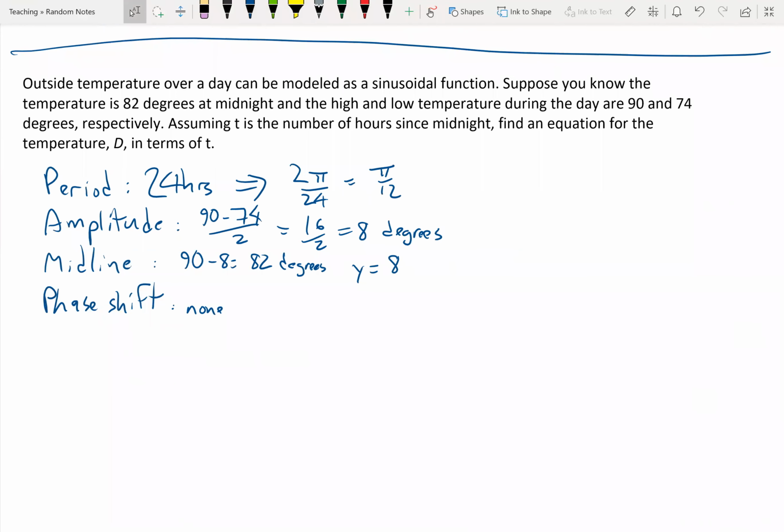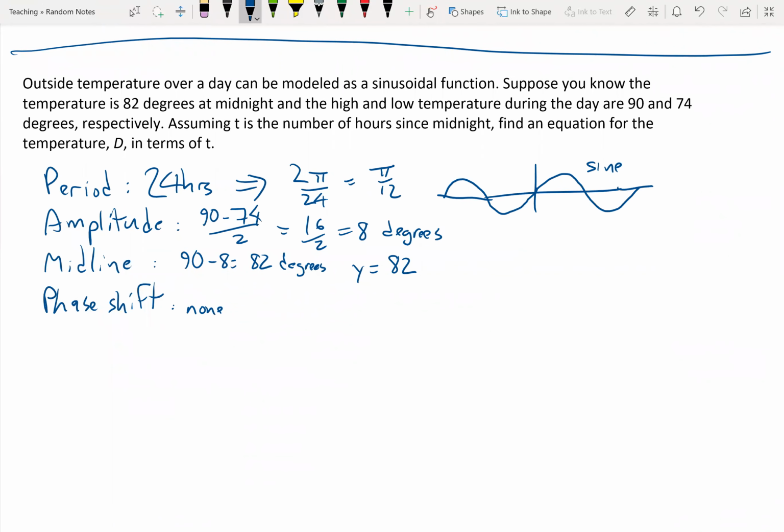Since they've given us the time of the average temperature, we're going to use a sine, because the sine graph starts at its midpoint. Here's what a sine graph looks like, roughly. It starts at its midpoint and goes up to its high point. So this is sine.